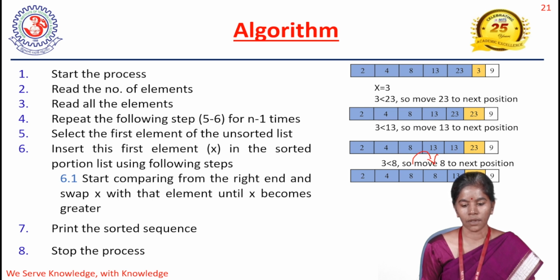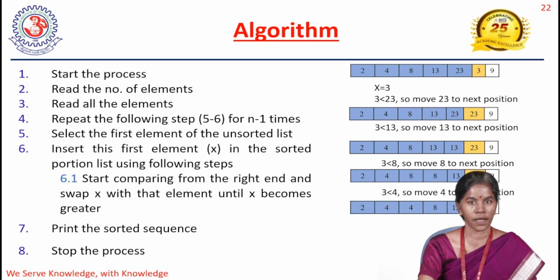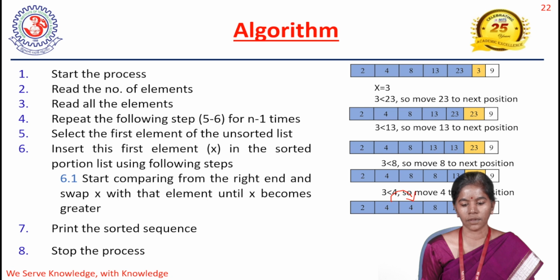Next again, 3 is less than 4. So we have to move the 4 also to the next position. So 4 also moved here. So 8 is moved, 13 is moved and 23 is moved. Now since 3 is less than 4, we have to insert 3 into the sorted array.